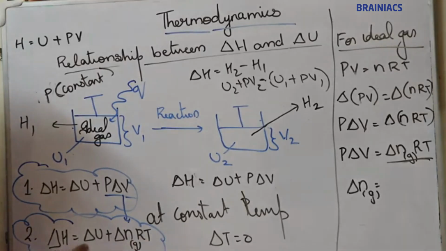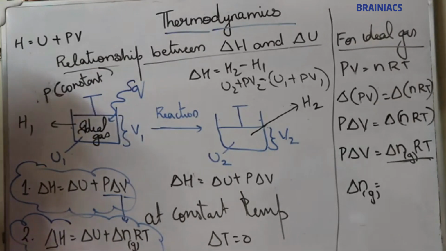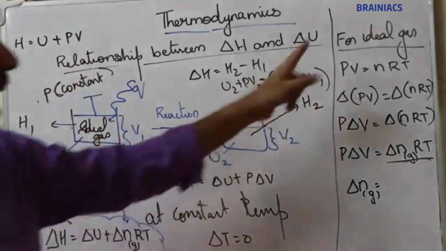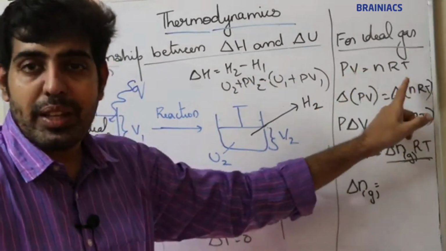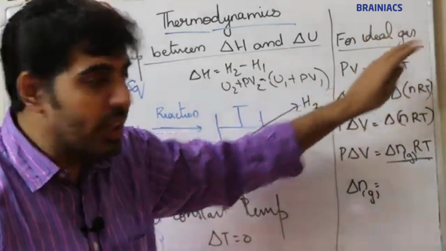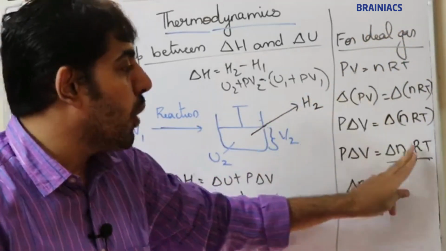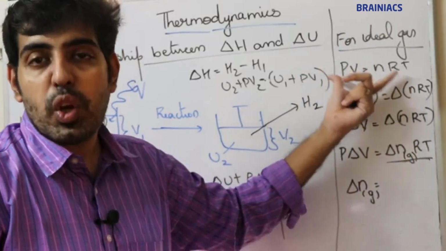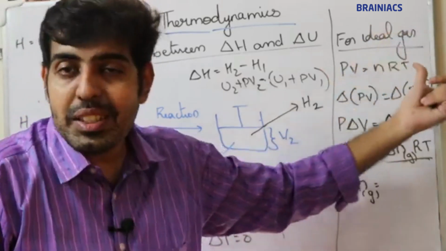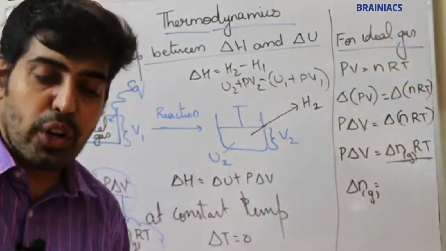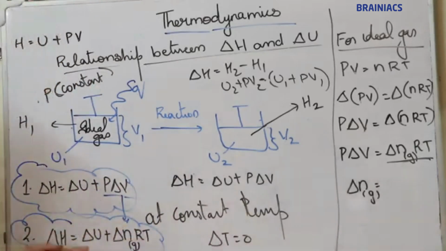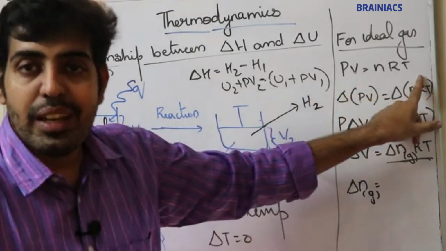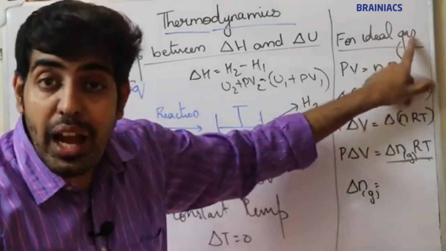Delta H is equal to delta U plus delta ngRT, because we are considering gas. For an ideal gas, PV is equal to nRT. If it is solid or liquid, you cannot use this equation, because here for PV I am substituting nRT, and this is possible only for an ideal gas.